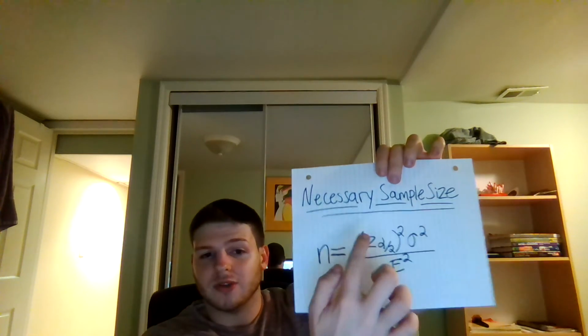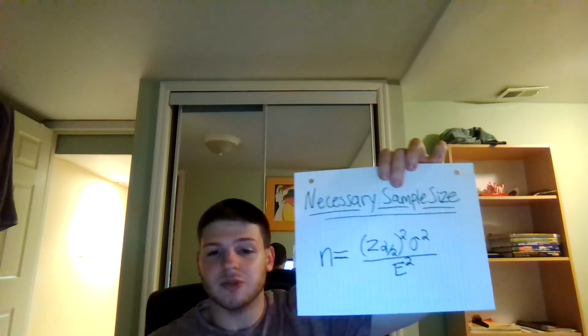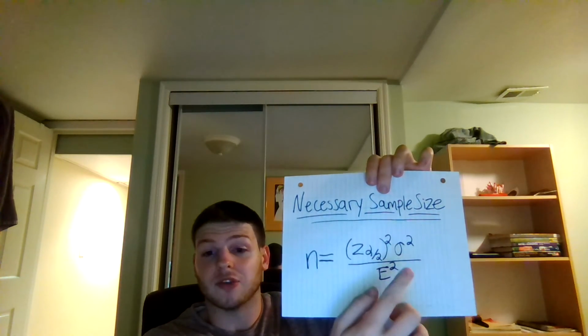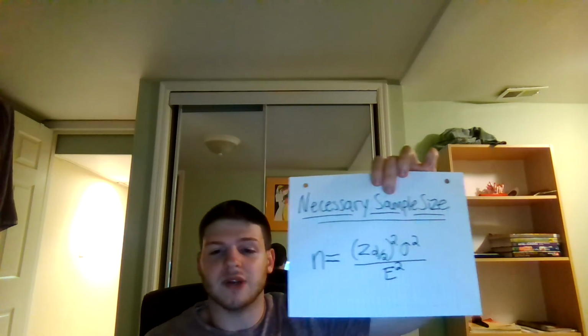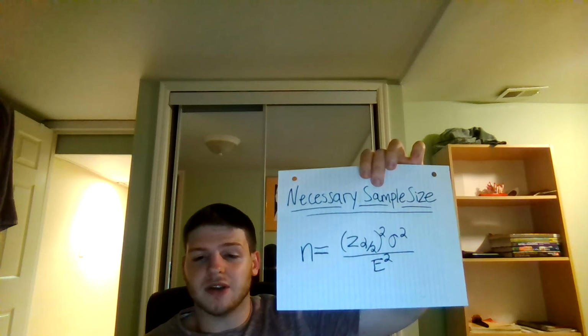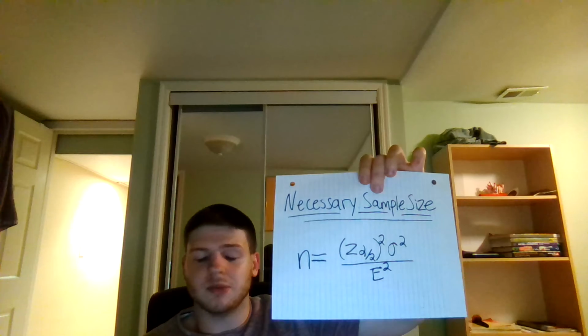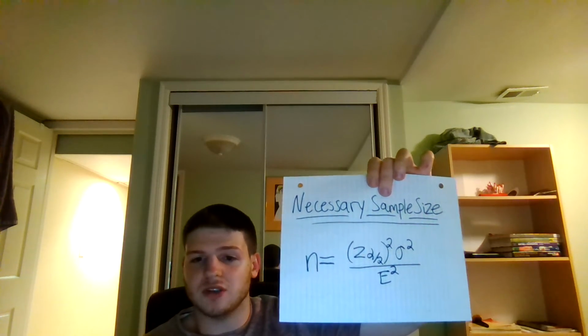Also, your z value here can be switched out to a t-score, and your sigma value would be switched out with the sample standard deviation if you do not know the value of the standard deviation of the population.